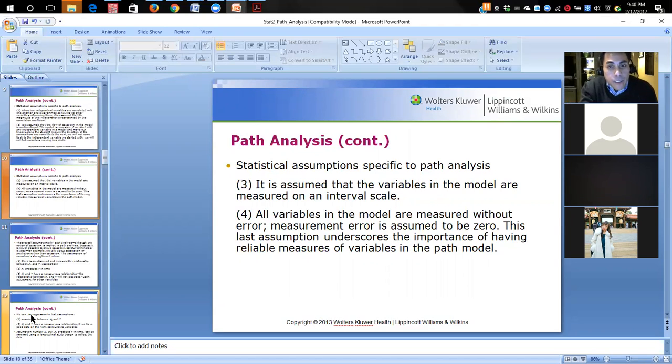So that's where this whole argument about using psychological variables into the path analysis comes from, because the assumption of path analysis is that there is no measurement error.